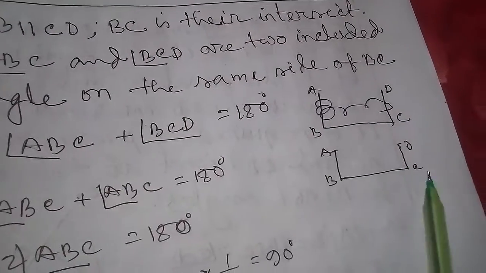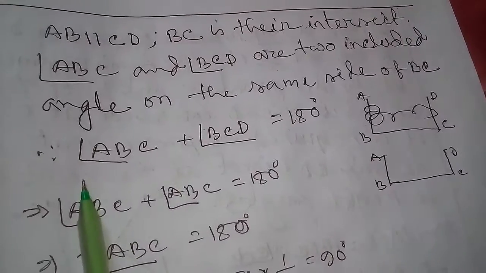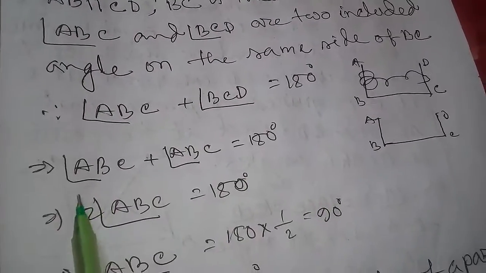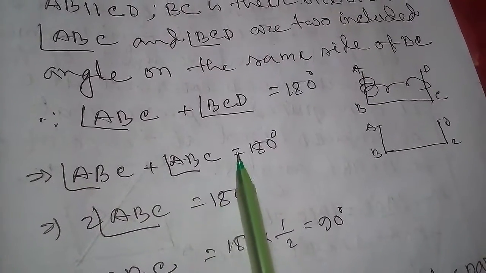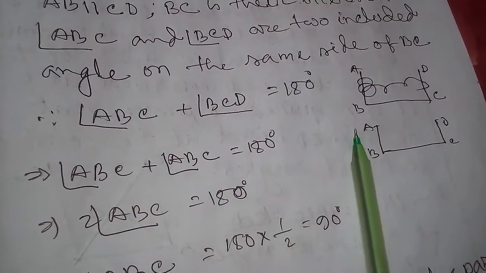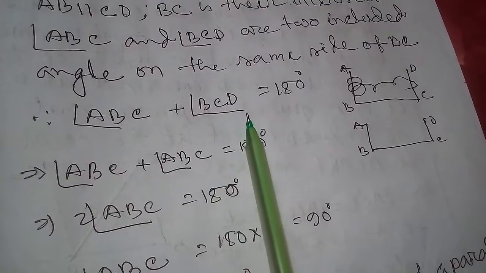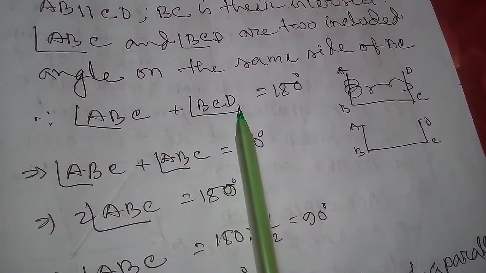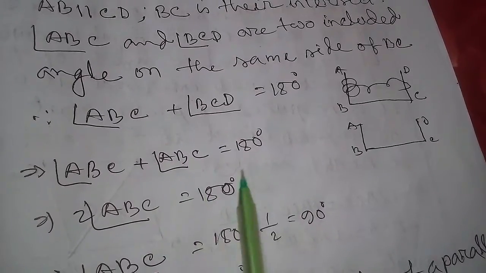So this is the figure. We can write angle ABC plus angle BCD equals 180 degrees. Because angle ABC and angle BCD are equal, instead of angle BCD we can write angle ABC.